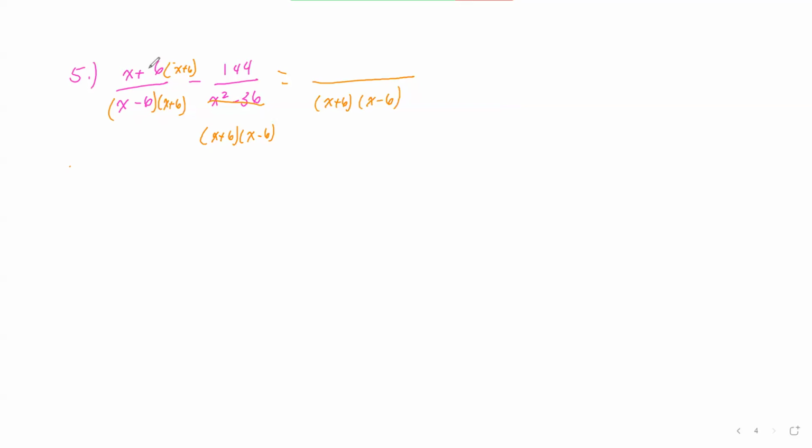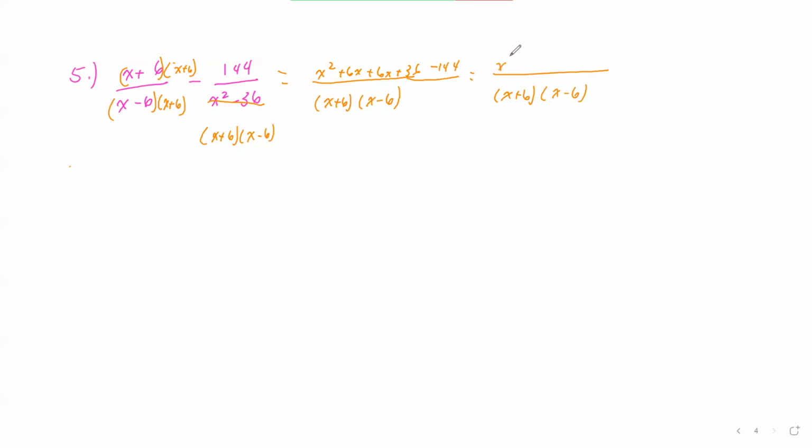All right, and then I'm going to work out the top. Now this is x plus 6 times x plus 6. So that right there will end up being x squared plus 6x plus 6x plus 36 minus 144. That's a minus 144. So now I'm just going to simplify this up.